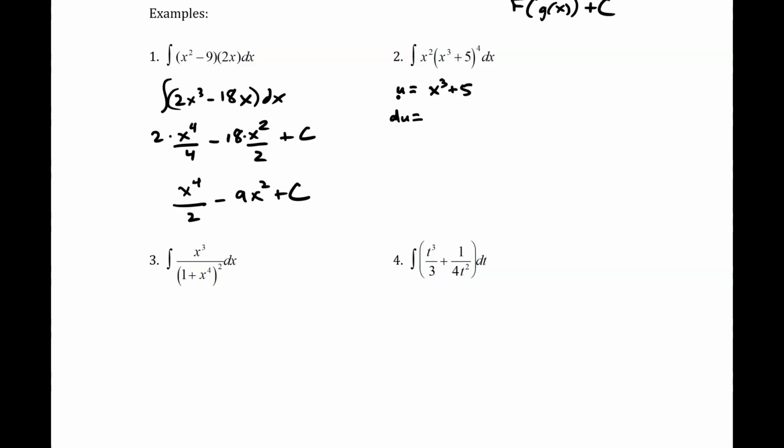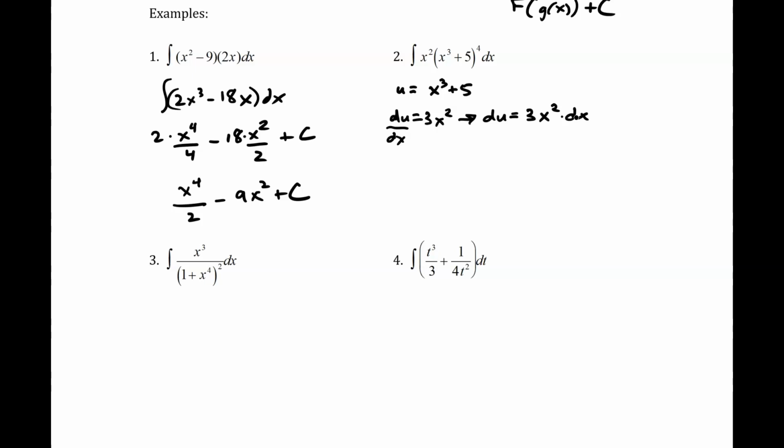What is the derivative of u with respect to x? Well, the derivative of u with respect to x, du over dx, would be 3x squared, which means if du over dx is equal to 3x squared, then we can also say that du is equal to 3x squared times dx.